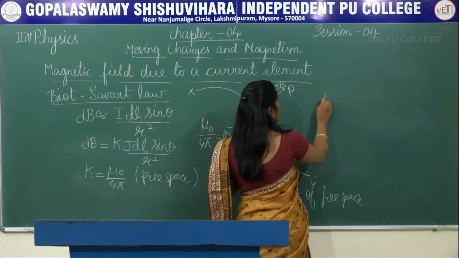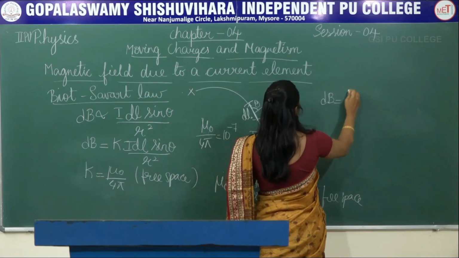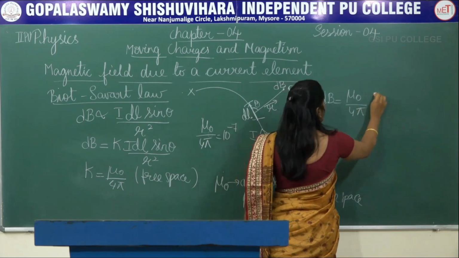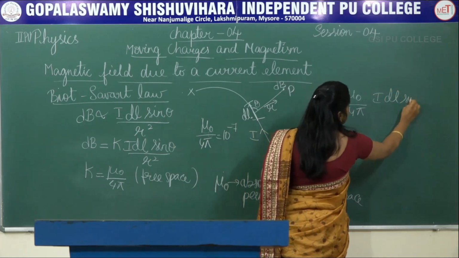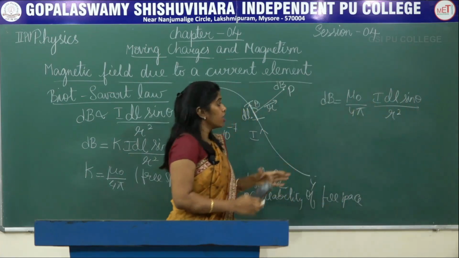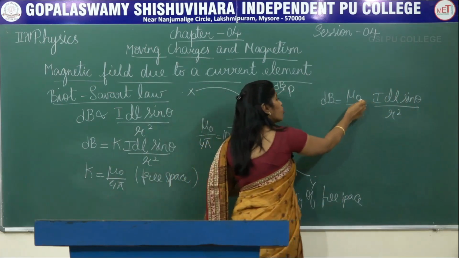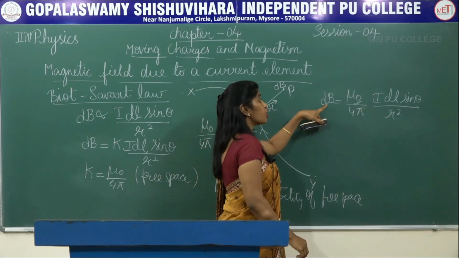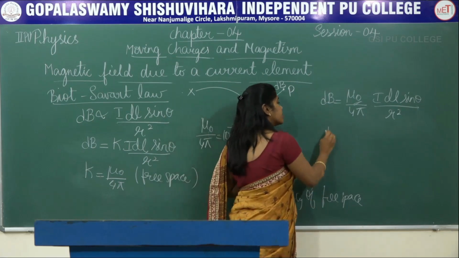I will take up the formula dB is equal to, instead of writing k, I will write this constant mu naught by 4 pi I dl sin theta by r square. Now, I need to know the unit for mu naught. The unit of magnetic field is Tesla.